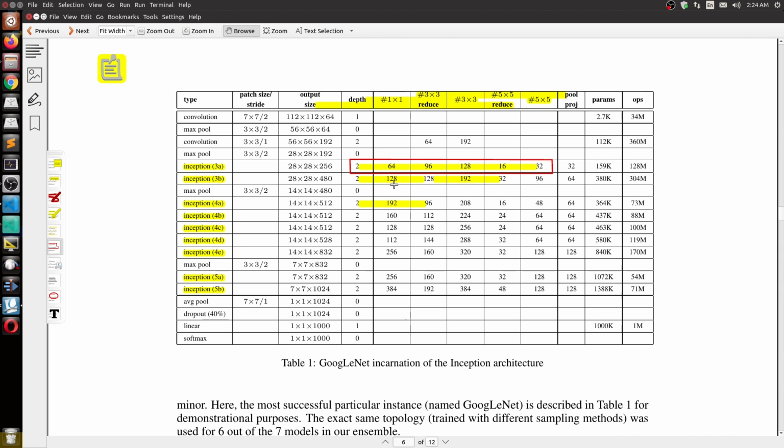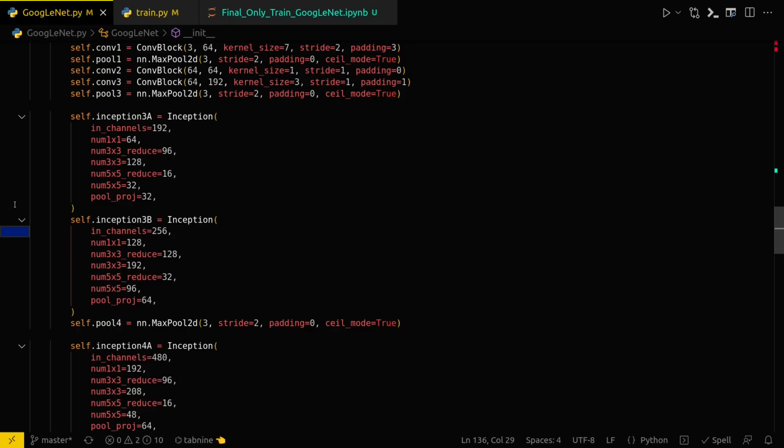Otherwise, in the same way, 128, 128 for reduce, 192. Again, the next 5x5 reduce is 32. Finally, the number of 5x5 is 96 and pool projection is 64. All right, that's my Inception 3B.